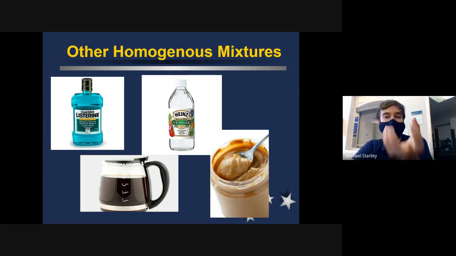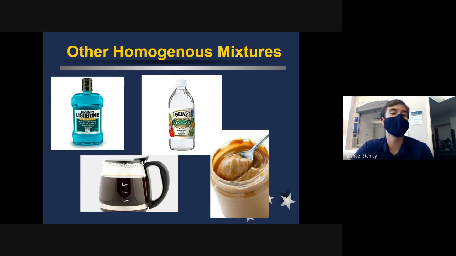You have all of these coffee grounds at the bottom and all of the liquid sitting at the top. So you have different amounts of different types of material in different areas of your mixture. That is not homogeneous. In order to be homogeneous, it has to be all the same, all evenly mixed together.